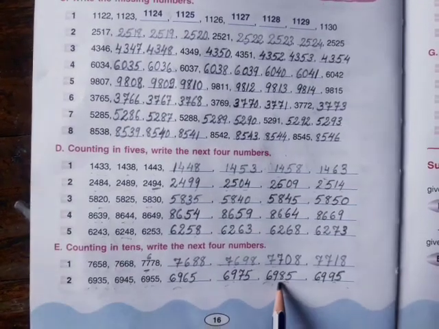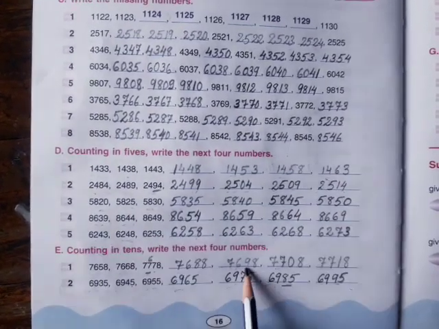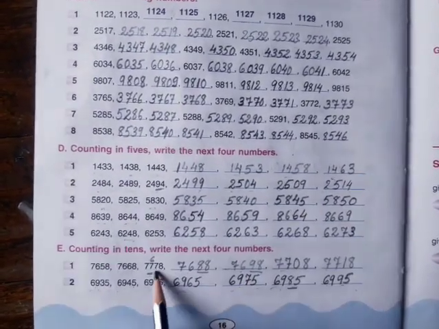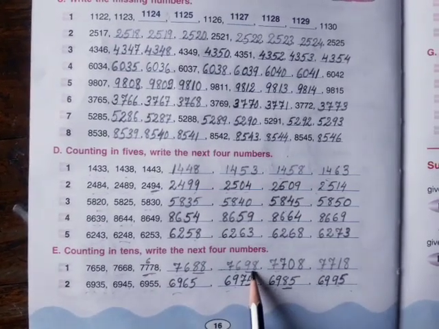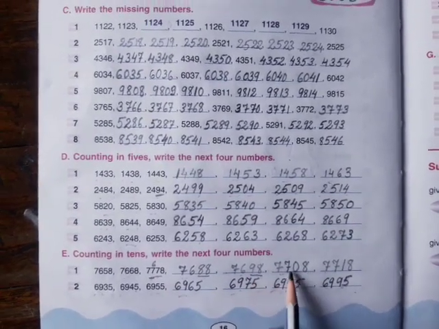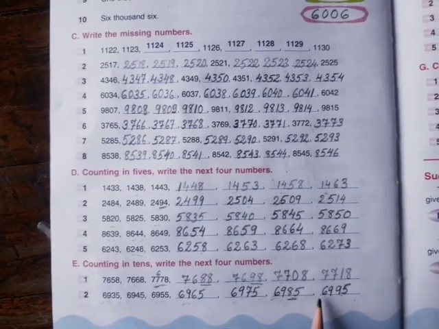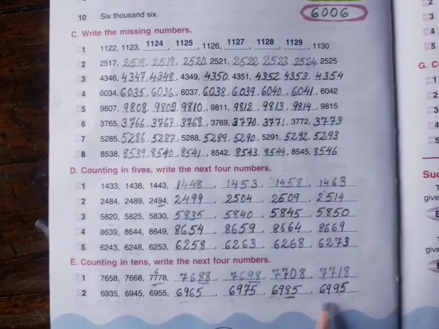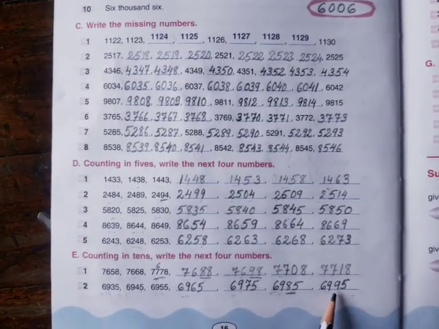Here you see we are increasing tens, place of tens. When we increased 10 plus 98, we have the hundreds place also changed. Here we are increasing tens place.